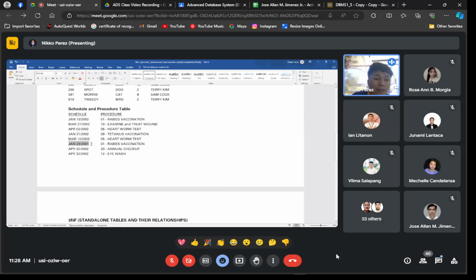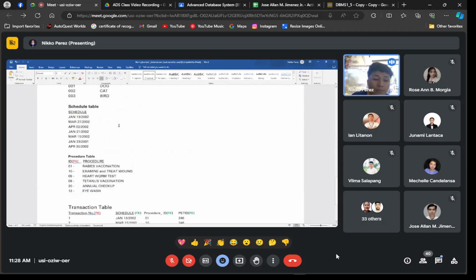One date would be lost, so it is not possible in second normal form. So we proceeded to third normal form and created a different table, and with that reason, we can now freely represent each procedure once.